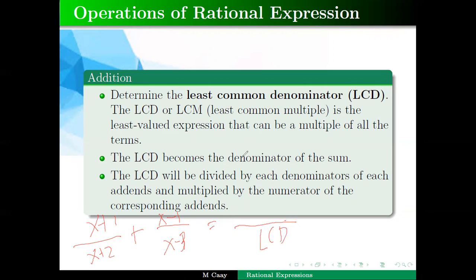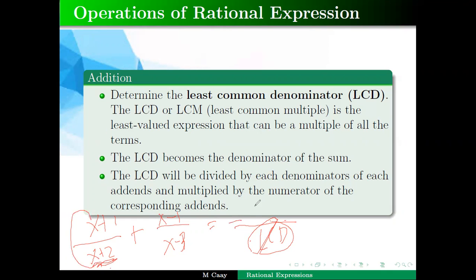And then according to the rule, we have to get first the LCD. So once we get this LCD, we have to divide this LCD by the corresponding denominator of each addend. And once we get the answer, we will multiply that by the corresponding numerator.